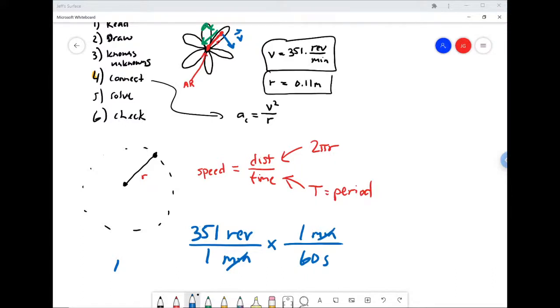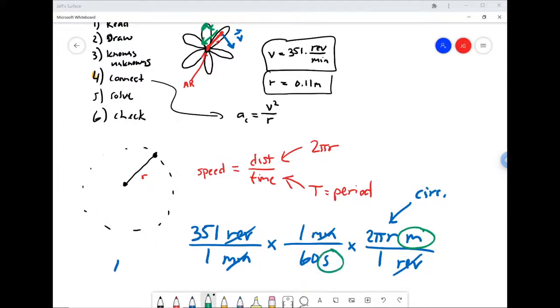So now I would have revolutions per second. But now I leverage this connection with the circumference, 2 pi r, which is the circumference, meters is 1 revolution. So the revolutions will cancel, and what I'll be left with is meters per second.